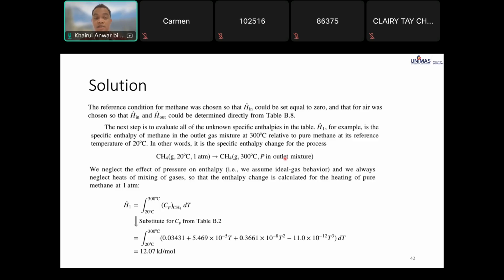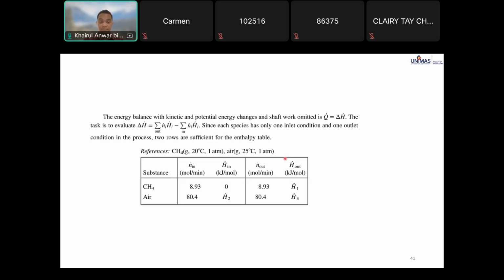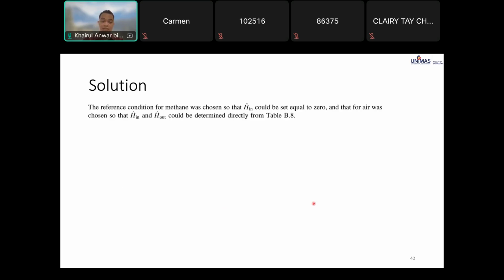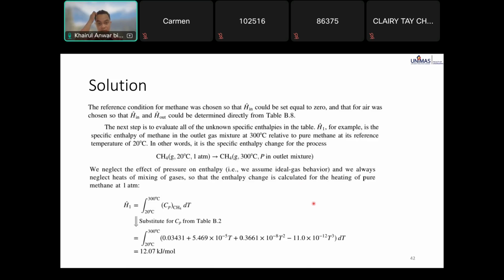H1, for example, is the specific enthalpy of methane out. The air is H2 and H3. So CH4 methane gas from 20 degrees C, 1 atm to gas at 300 degrees C in the outlet mixture.